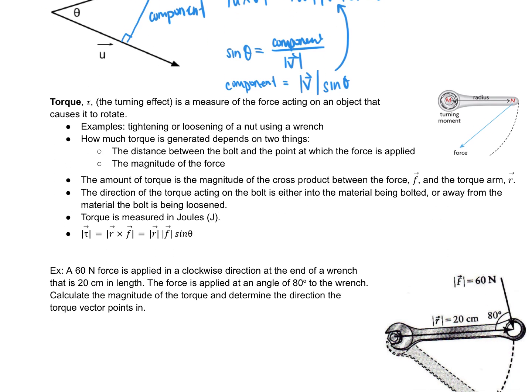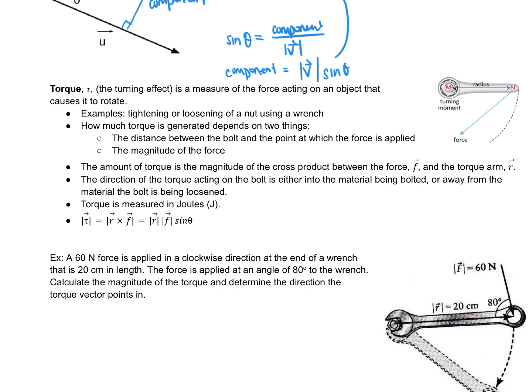Now, torque is the turning effect, and it is a measure of the force acting on an object that causes it to rotate. An example would be tightening or loosening a nut using a wrench. If you look at this diagram, we have our wrench. This is where your bolt or your nut is, and we are trying to turn the wrench to either tighten or loosen the nut.